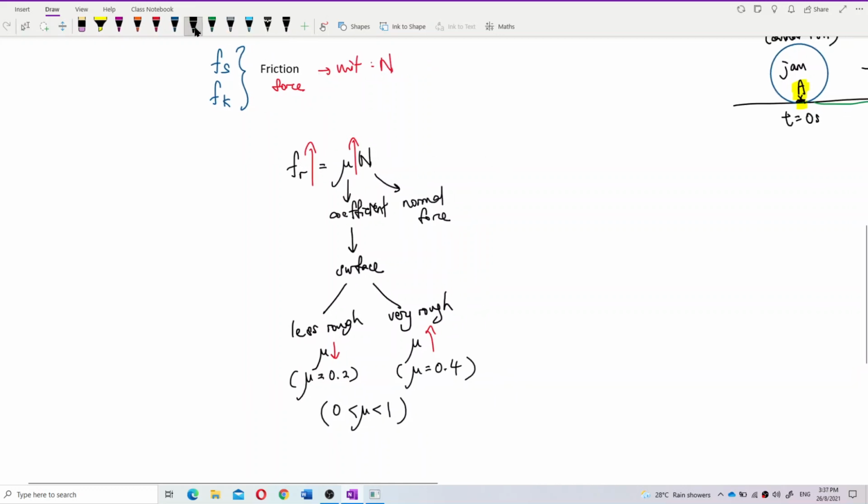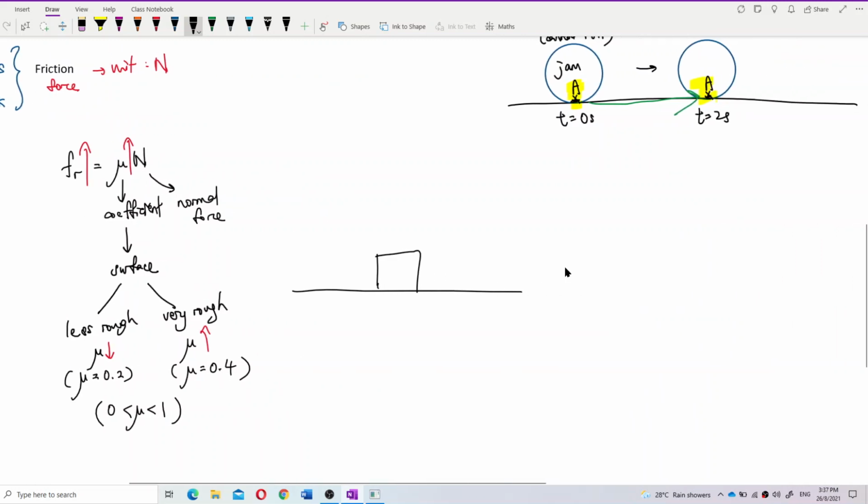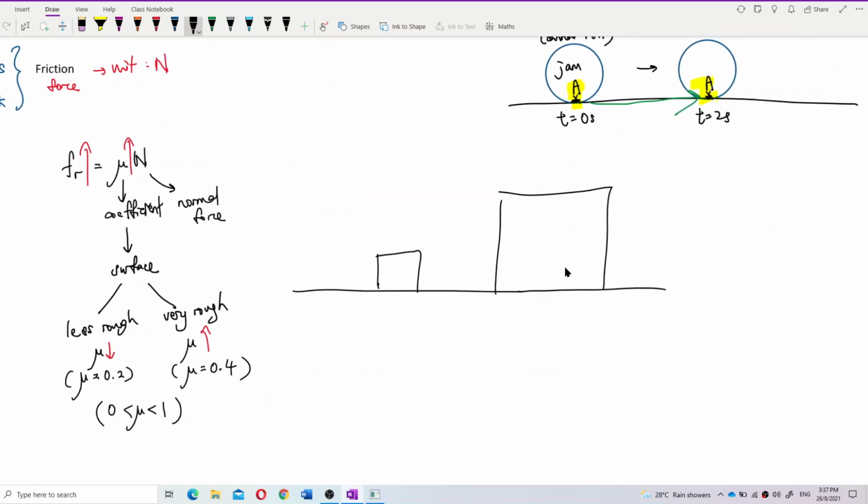Basically, if we look at one simple example, like a crate, we compare two different objects, one small object and one big object. Say this object is only 1 kilogram, but this object is 1,000 kilograms.